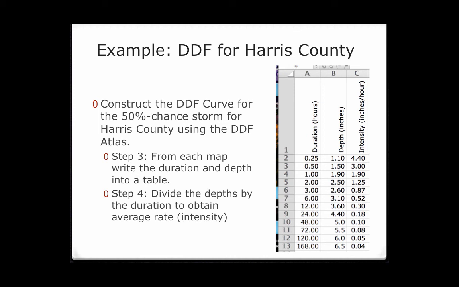A plot of those columns would be an intensity, duration, frequency curve for Harris County for a 50% chance storm over durations ranging from 15 minutes to 7 days. Yeah, 7 days. I think that's 7.